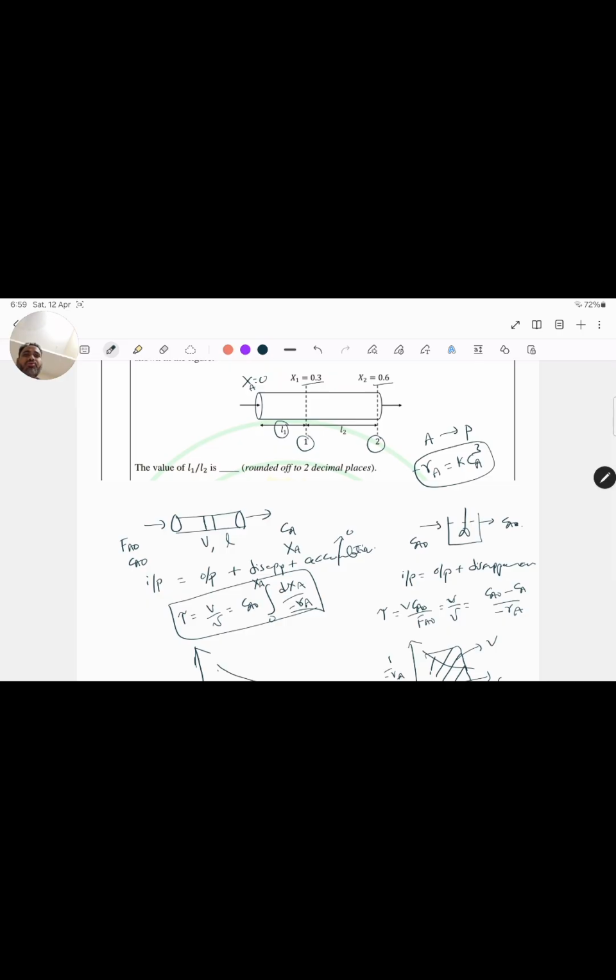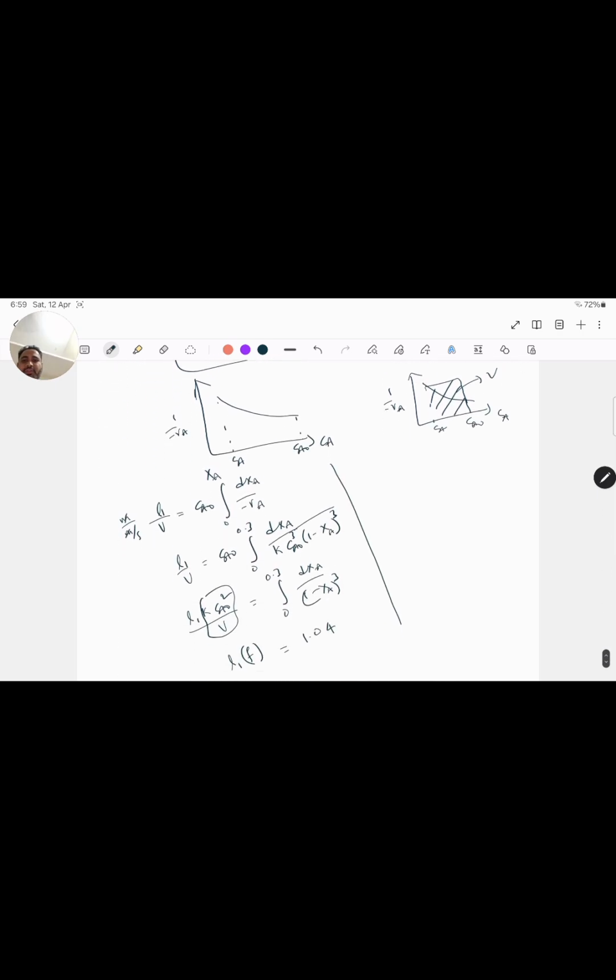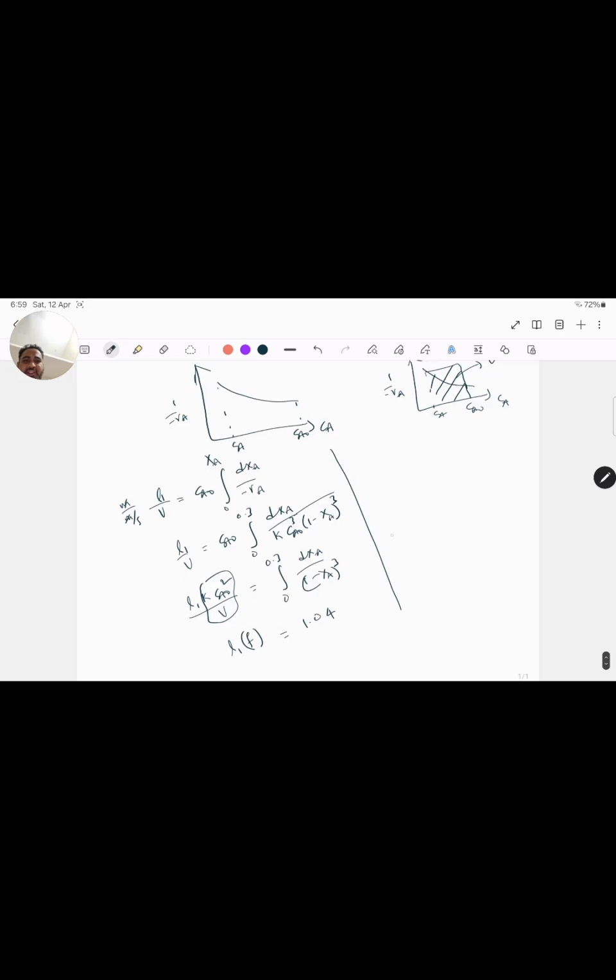Now I need to do the integration along the length from L1 to L2, varying the conversion from 0.3 to 0.6. We get the same expression, the only change is L2 into K into Ca naught square divided by velocity.